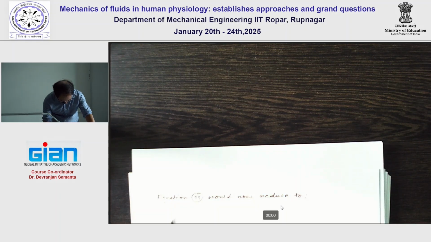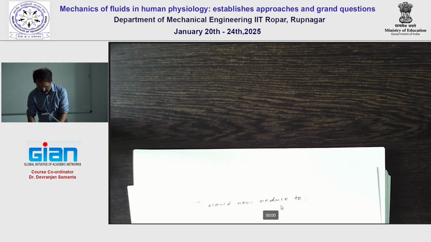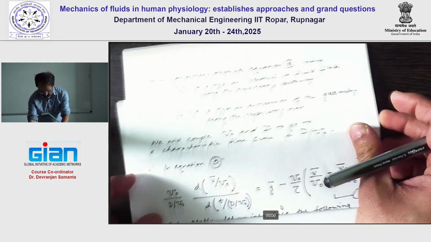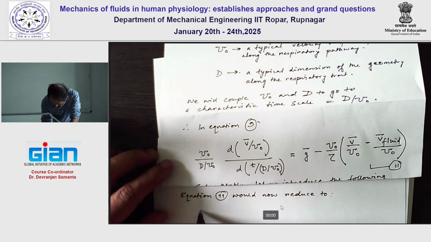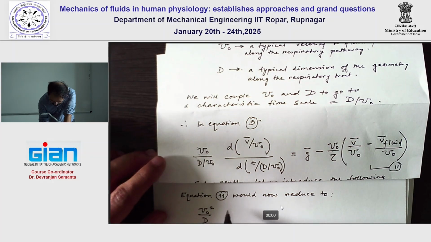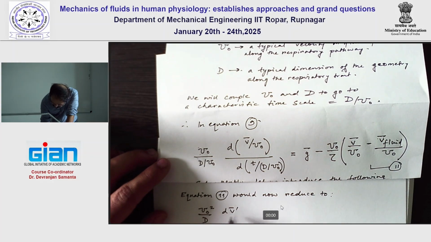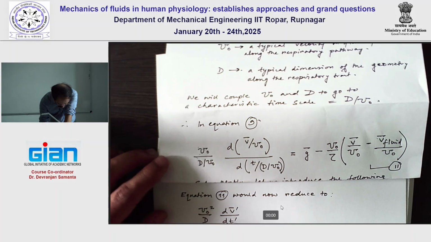so we have the first coefficient by itself, U naught squared over D. But this now becomes dV bar prime over dT prime.